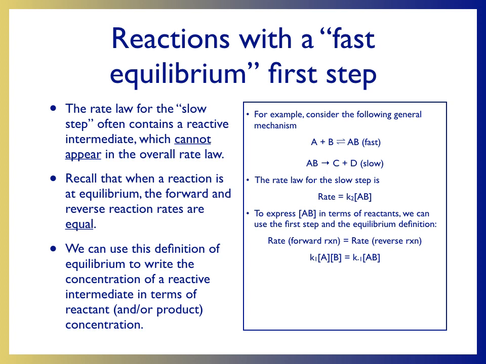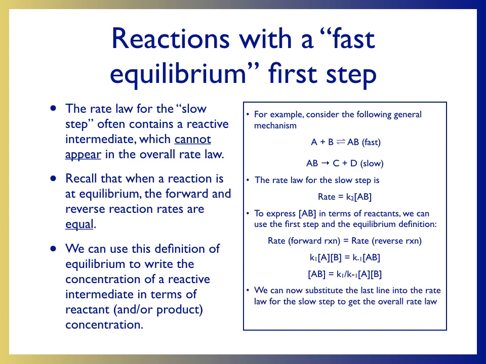If we rearrange this equation to solve for AB, we get that the concentration of AB is equal to K1 divided by K minus 1 times the concentration of A times the concentration of B. We now have an expression that relates the concentration of the reactive intermediate to the concentration of the reactants themselves.